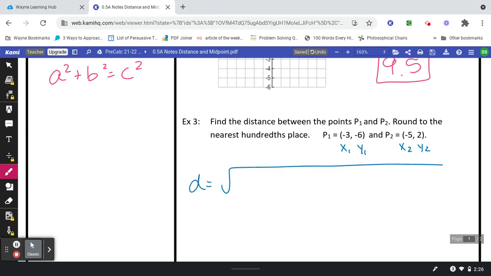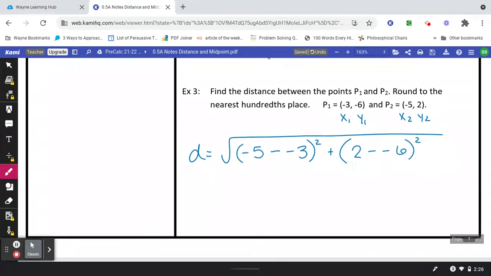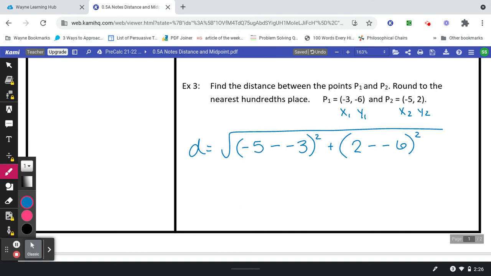We do have a lot of negatives here, so be careful with the minuses and negatives. x2, negative 5, minus x1, negative 3. So notice there's a minus and a negative right there. And then y2 minus y1, minus negative 6. Our double negatives turn into positives. So plus, plus.